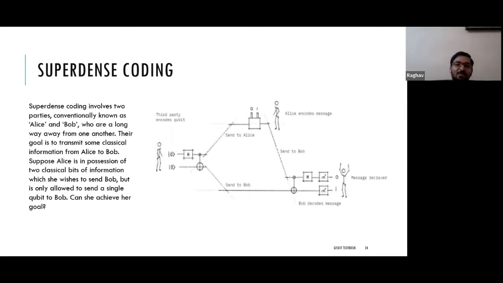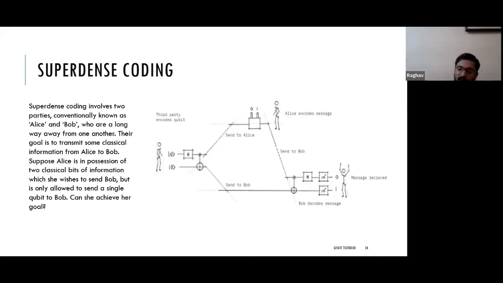Finally, what is the superdense coding that I implemented? Superdense coding is a quantum protocol that was proposed by Charles Bennett and his team in the 20th century. Quantum channels have a great property in that they are secure.